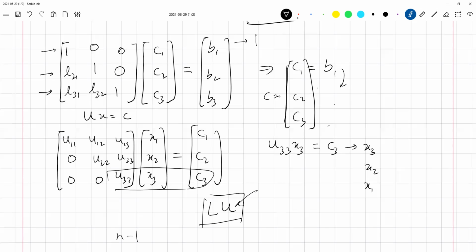But to find C2 we need to do L21 C1 plus C2, which is equal to B2. So we require one multiplication and one addition, or one multiplication and one subtraction.